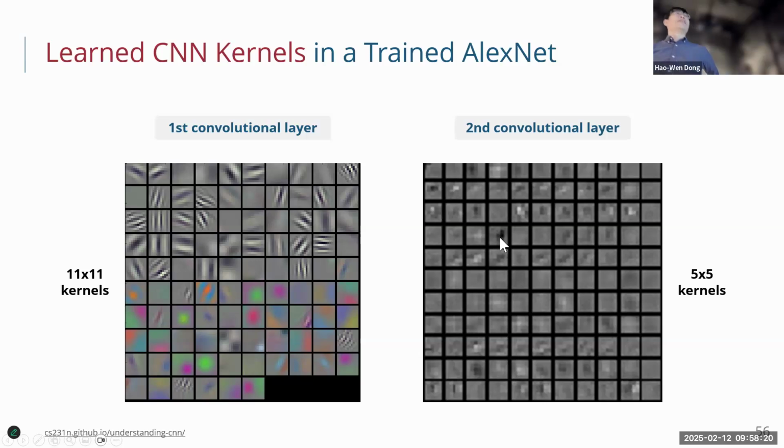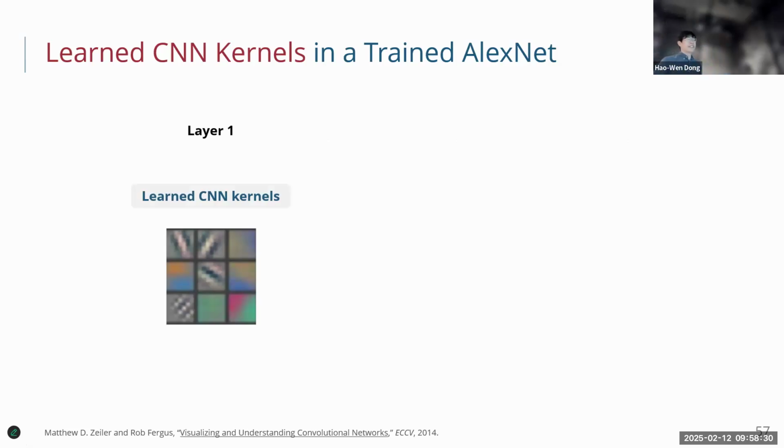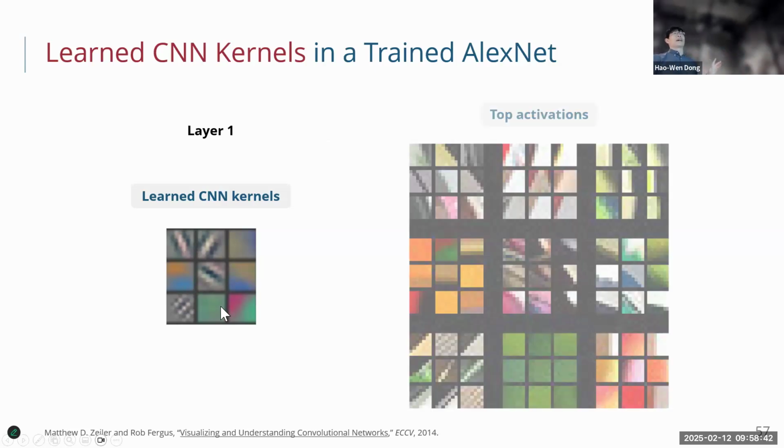In the second layer, it becomes much more complex. It's detecting something, but it's not quite clear what. If you look at the first layer, these are some of the filters that the model learns. This will be an edge detector. This will be a color contrast detector. This will be just a green color detector.